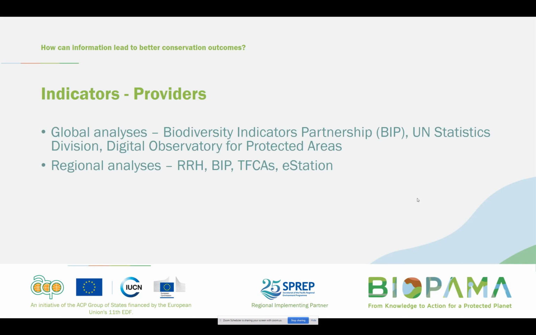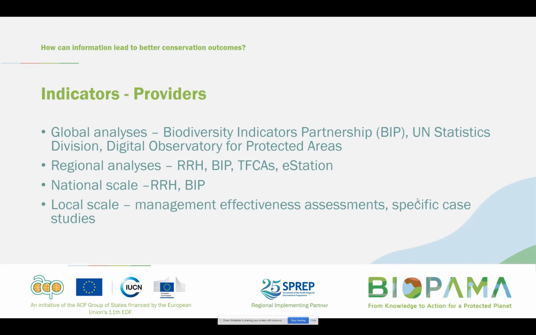There is another initiative from JRC called eStation, which you may be familiar with as well. So that's additional content at the regional level. At the national scale, these indicators could come from the reference hubs. They could come from BIP again. And then at the local scale, there are management effectiveness assessments and specific case studies.